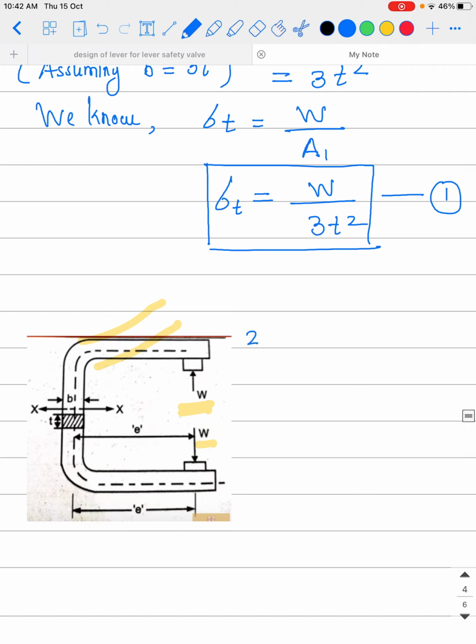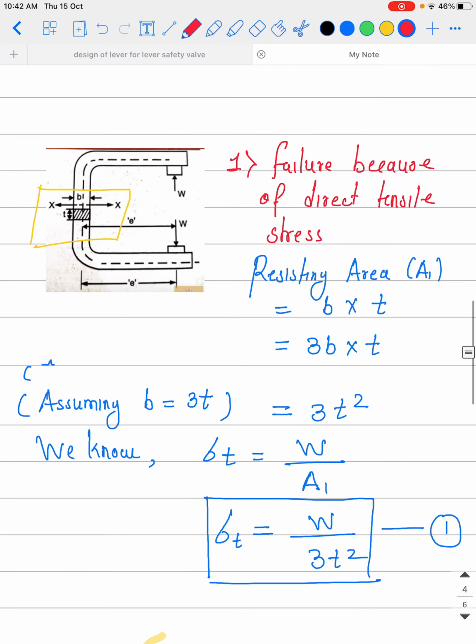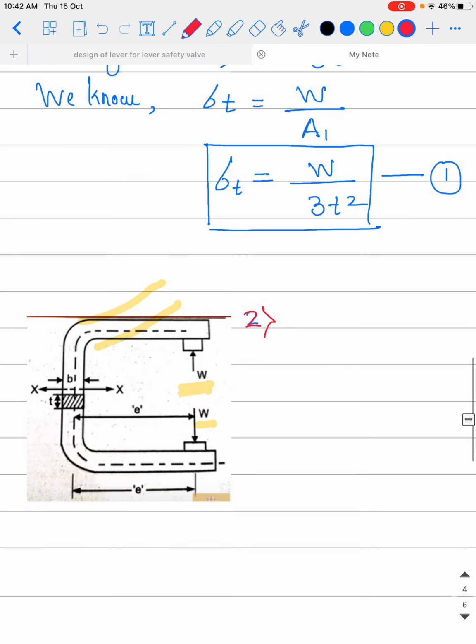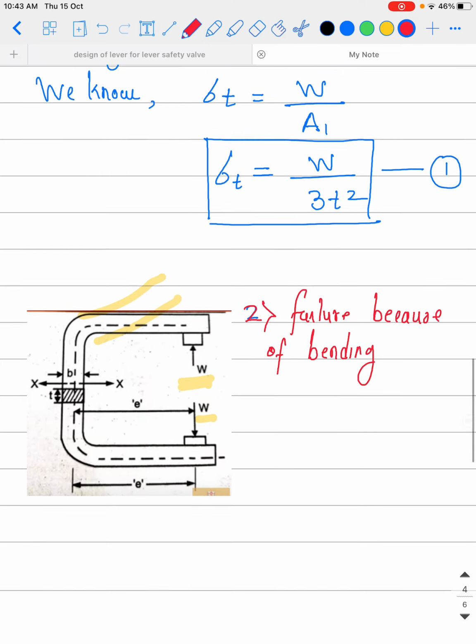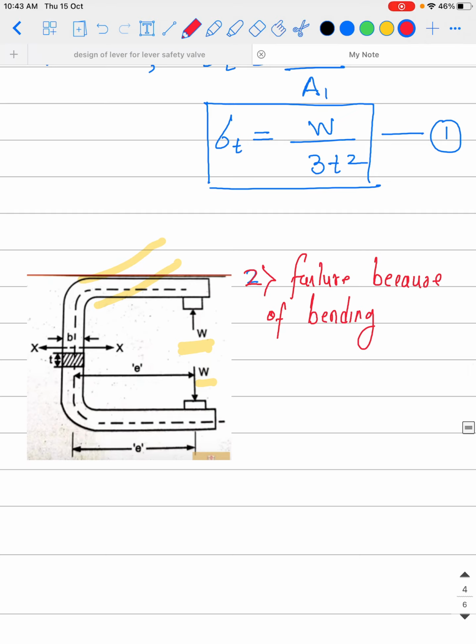So the second failure is because of bending. For that, first of all, we have to find out the bending moment.